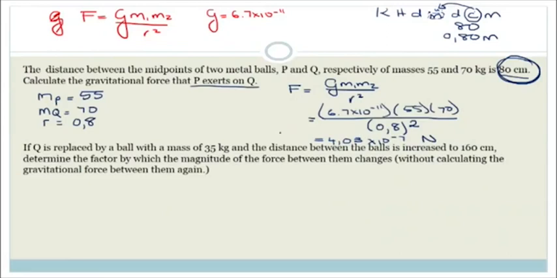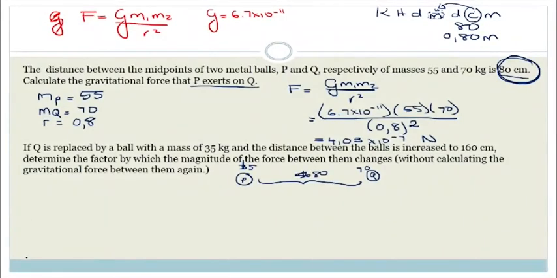Okay, now it says, if Q is replaced with a ball of mass 35 kgs. Okay, so here was P, and here was Q, right? But Q had a mass of 70 kgs. So it's saying that P and Q are now changing. This was 35 and this was 70, and the distance between them was 80 centimeters, right?